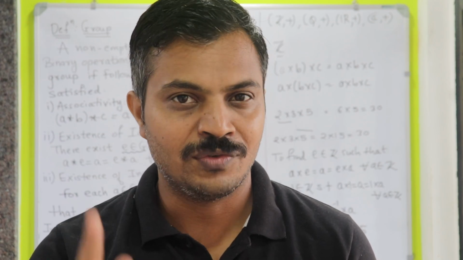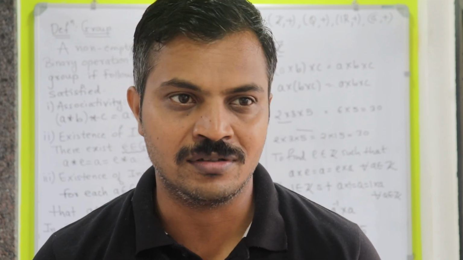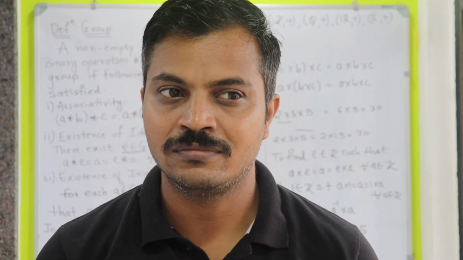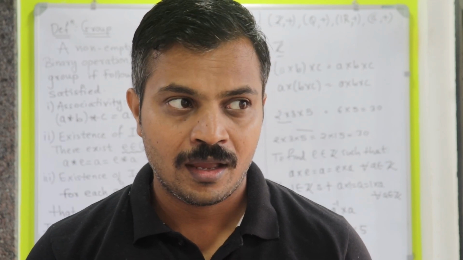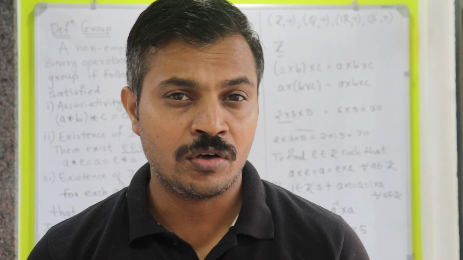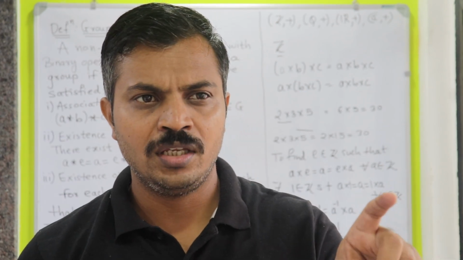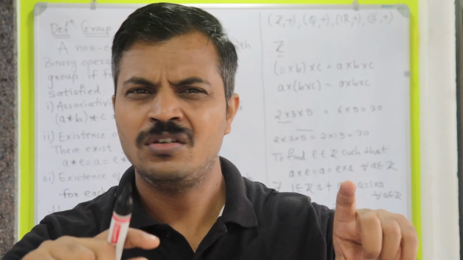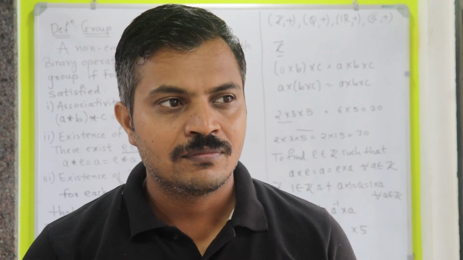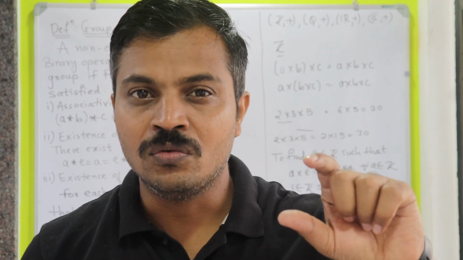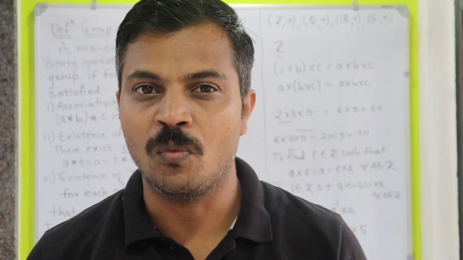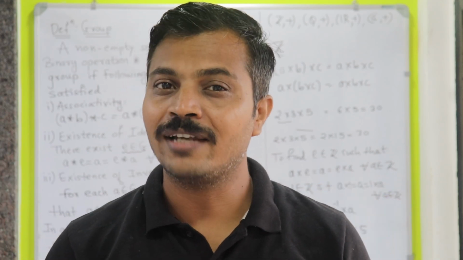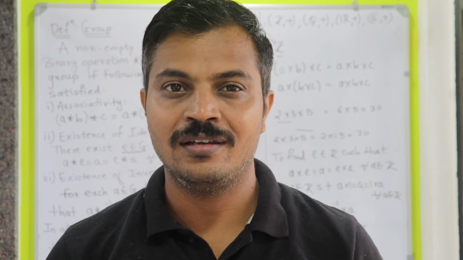Remember, there is one special element in the set of rationals. How do you have to think? What are we actually doing in order to find the inverse? If we have 2 upon 3, we get 3 upon 2. We are taking the reciprocal, right? So 0 is there in Q. If you take the reciprocal of 0, what is that? 1 upon 0, but that quantity does not exist, right?